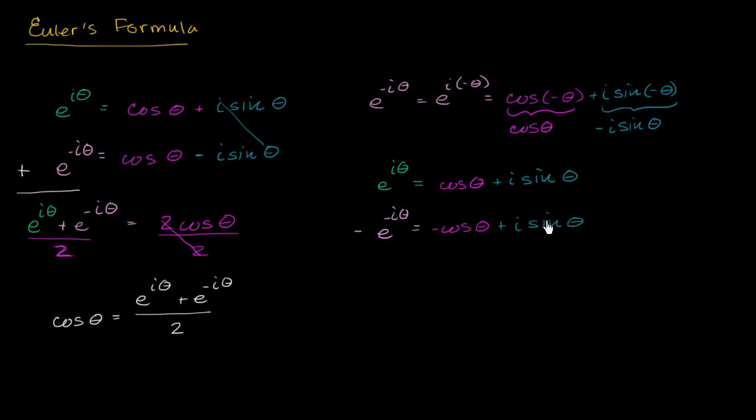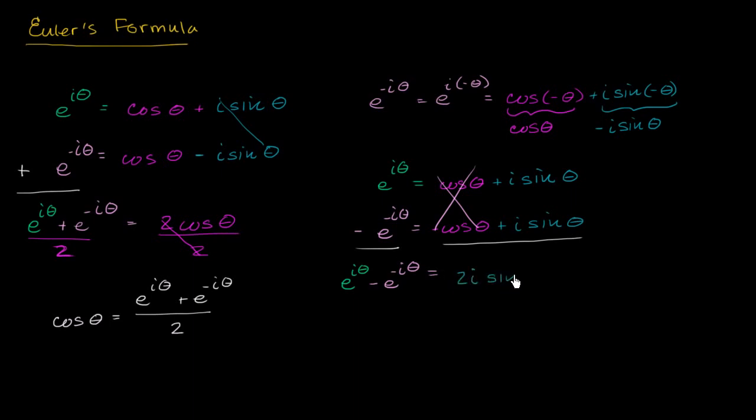And so we are left with, when we do the subtraction, the left-hand side, e to the i theta minus e to the negative i theta is equal to, this cancels out, and we're left with 2i sine theta.